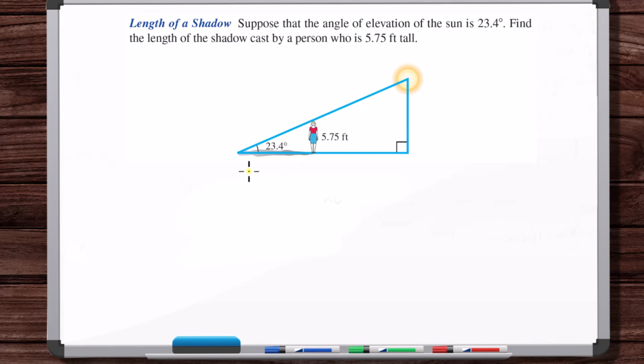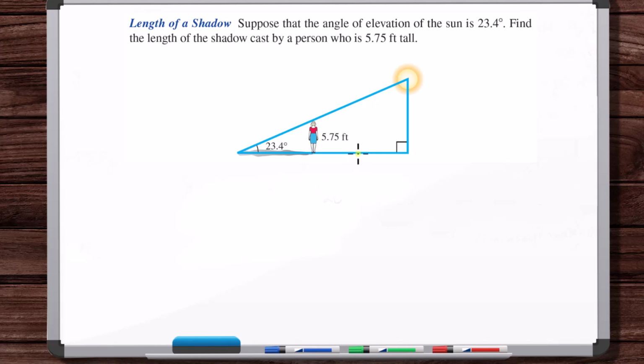Now, if you're like me, you might be wondering, how would you know the angle of elevation of the sun? I'm not an expert in this, but maybe there are tables you can find with a Google search that give the angle of elevation of the sun, down to the minute of the day.